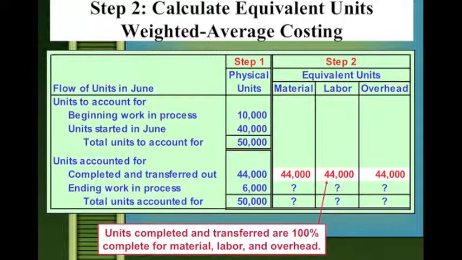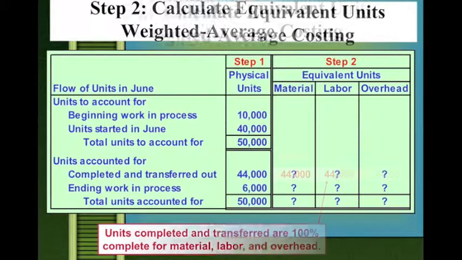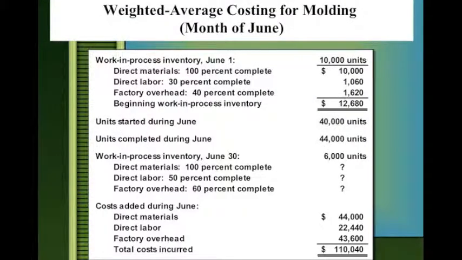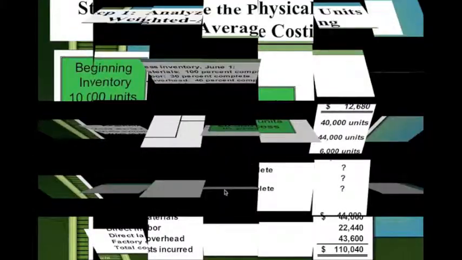Now you know that the completed and transferred out units were 44,000, in each aspect 100% complete. So there's no partial there. Now notice for the 6,000 itself, in the description of the problem it said that for the direct materials 100% was complete, but direct labor and overhead were 50 and 60%.